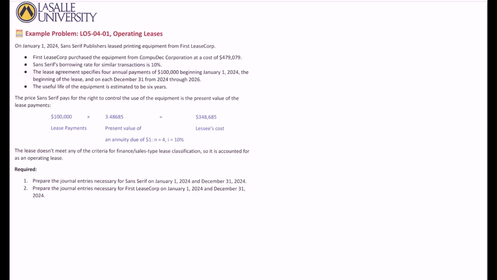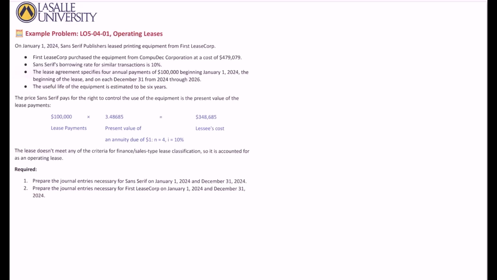In this learning objective, we are talking about operating leases, and operating leases are different from finance/sales type leases in that this is a true rental agreement where we have an arrangement between a lessor and a lessee.